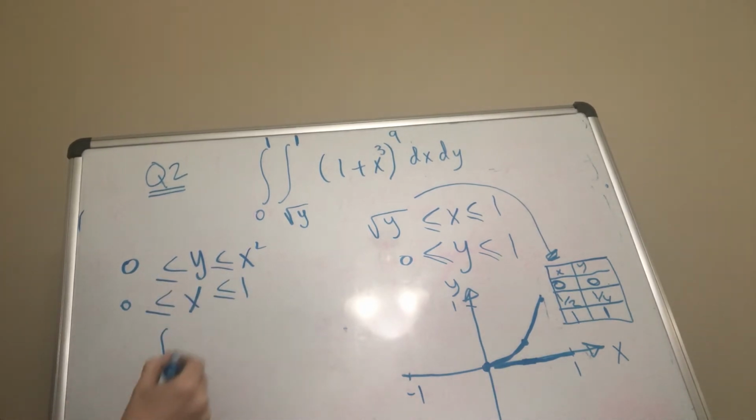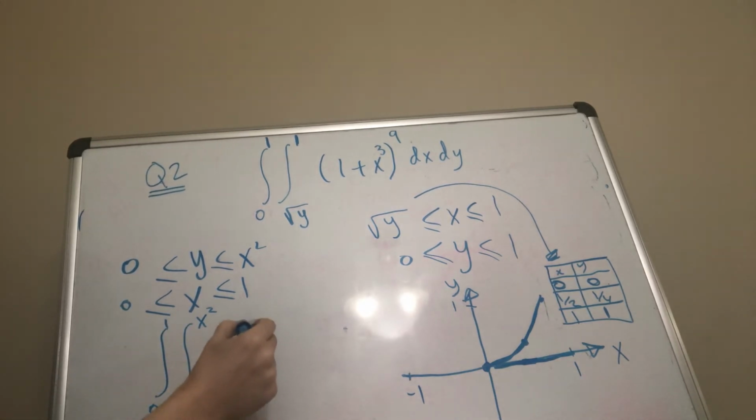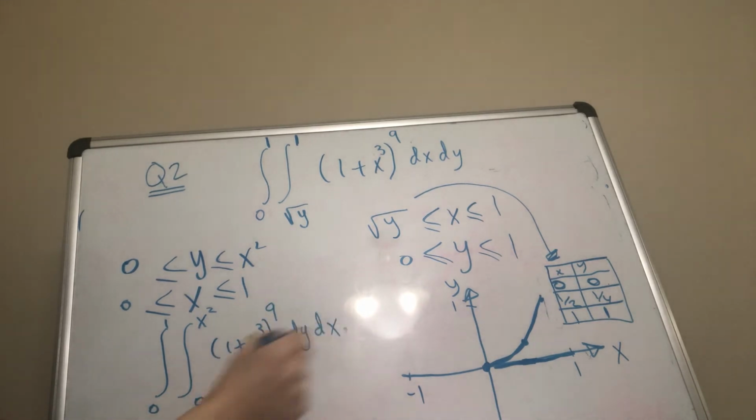So, switching the limits, we're doing the y first. So y from 0 to x squared, and then x from 0 to 1, of 1 plus x cubed to the 9, dy first, and then dx.